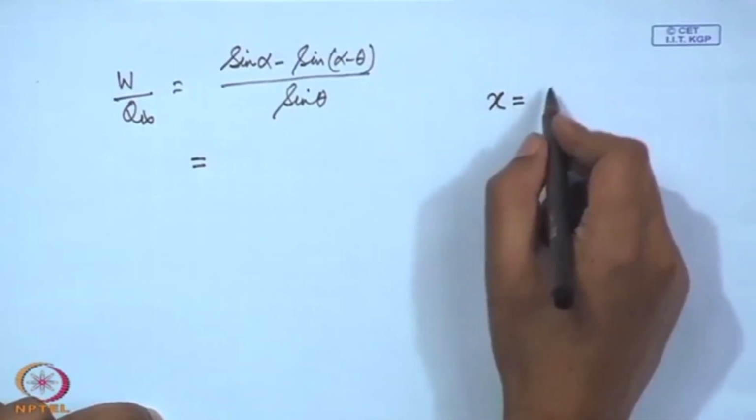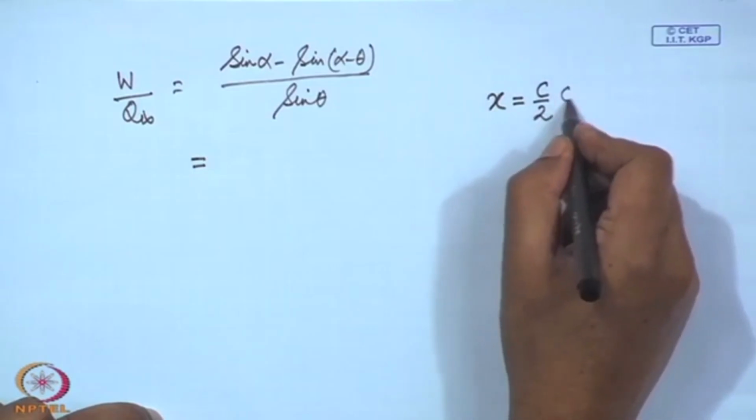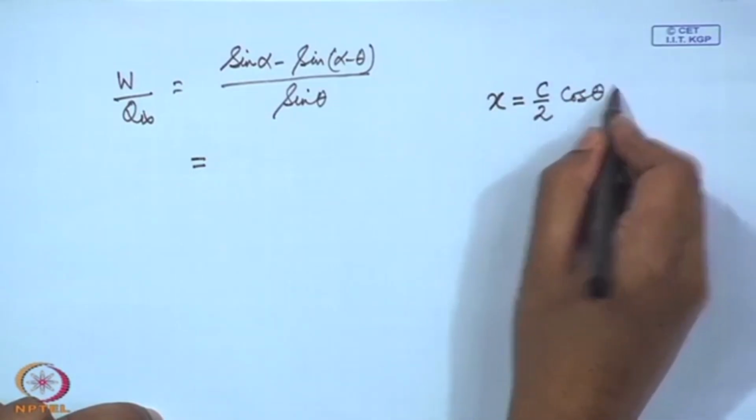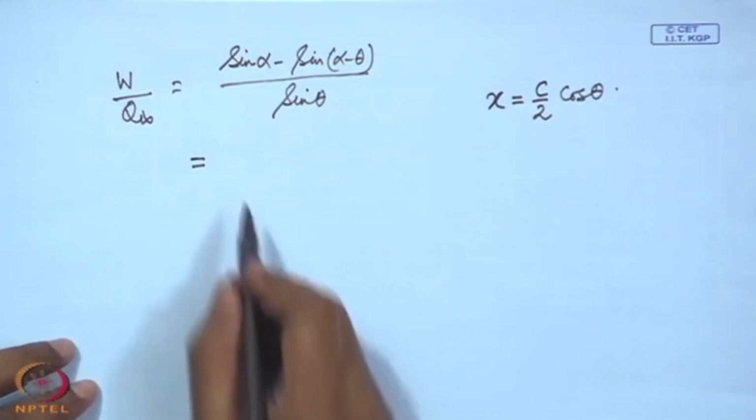We will forget about this r, so x equals c by 2 cos theta.